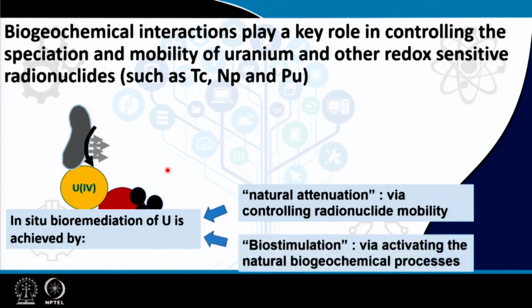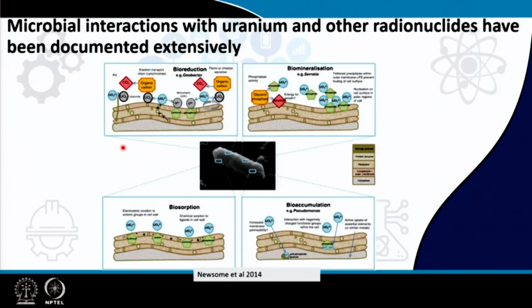Or else biostimulation can be done, by activating the natural biogeochemical processes which will transform the uranium 6 to uranium 4, or will produce the ligands, or will bring such changes in the solid phase or produce other molecules which interfere with the solubility and make the uranium precipitate into the environment.